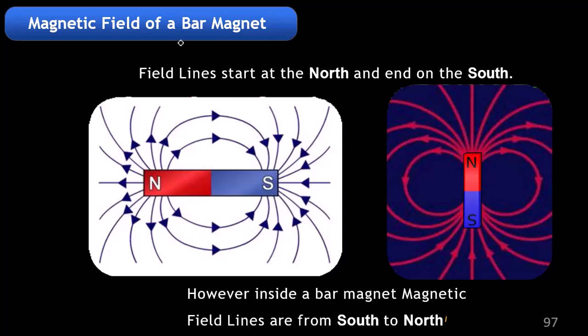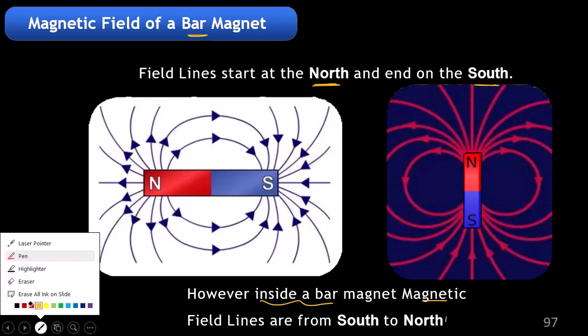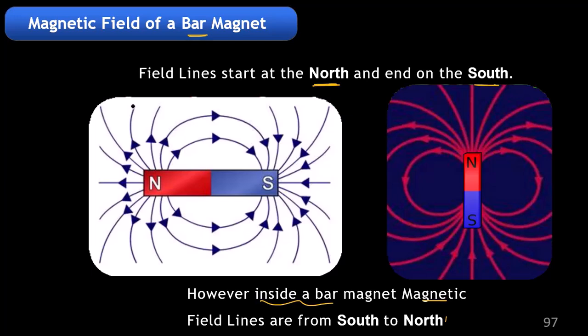For the permanent bar magnet, one important point is that the field lines start from the north pole and end on the south pole outside. Inside the bar magnet, the field lines go from south to north, so that they make a closed path. On a piece of paper, I can show some lines. Ultimately these two lines will meet at some point.